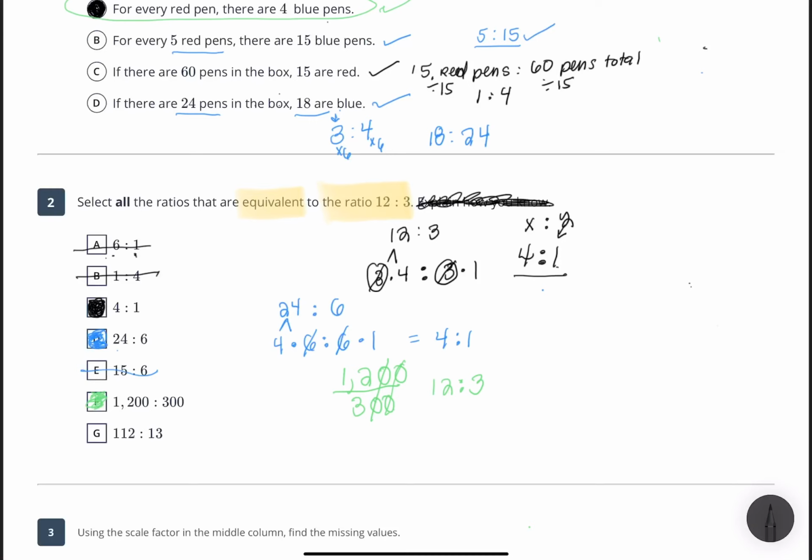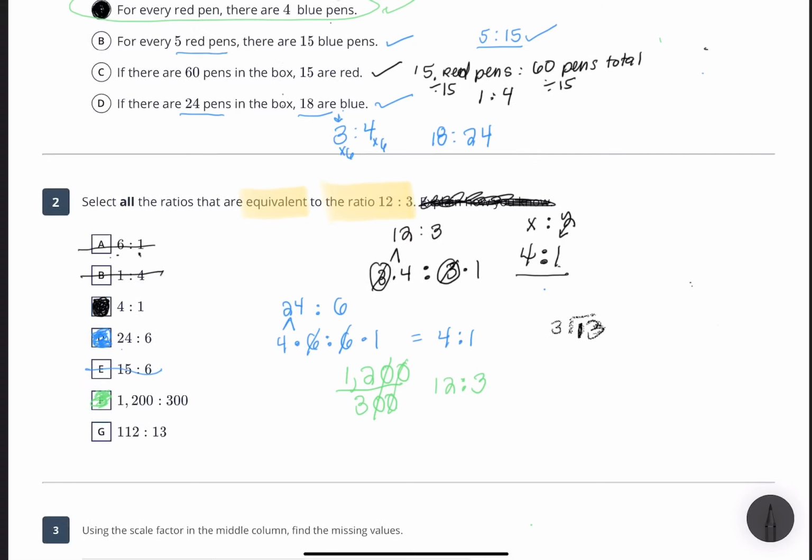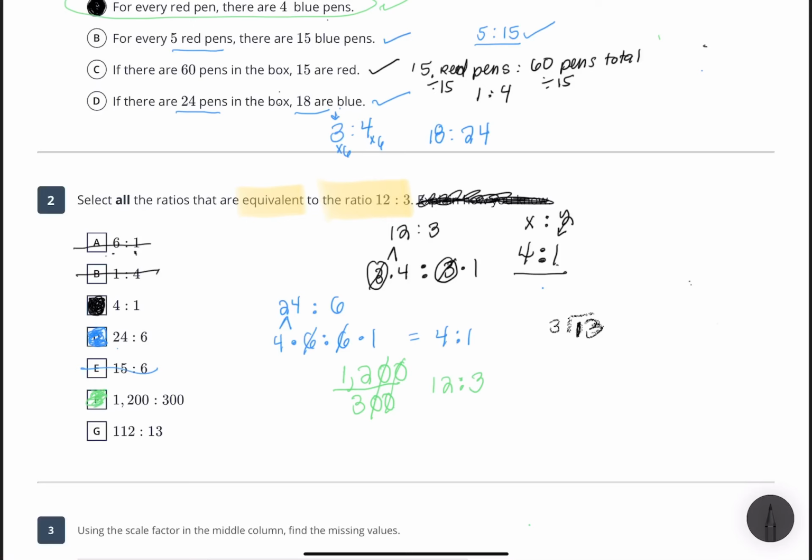So what I'm going to do is divide 13 divided by 3, and then I'm going to do 12 divided by 112. Now, for it to be considered an equivalent ratio, I have to get 4 to 1, okay?